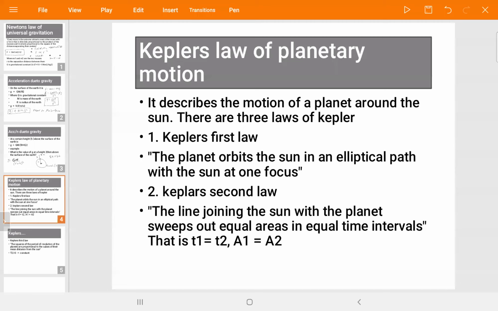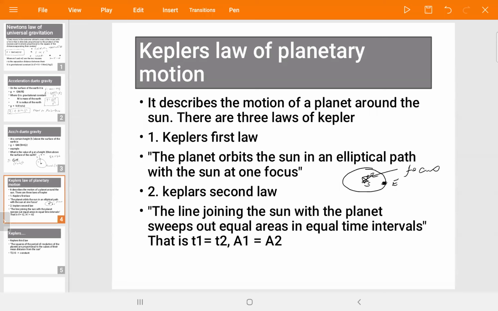For example, if we have the sun and the Earth, one of the planets, whose orbit is elliptical. This one is Earth. This is the sun. The sun is taken as a focus, and the Earth revolves around the sun.